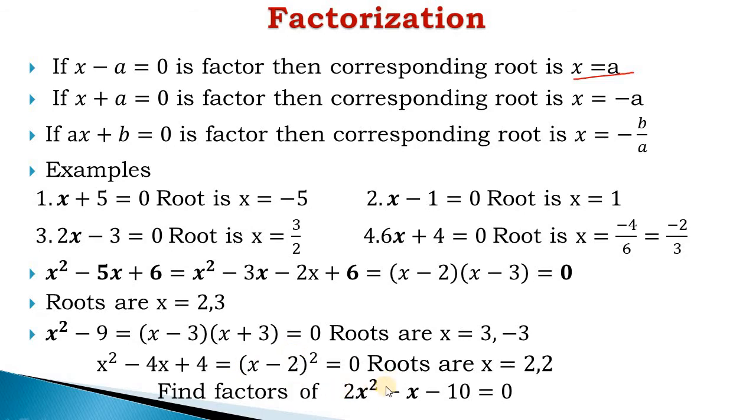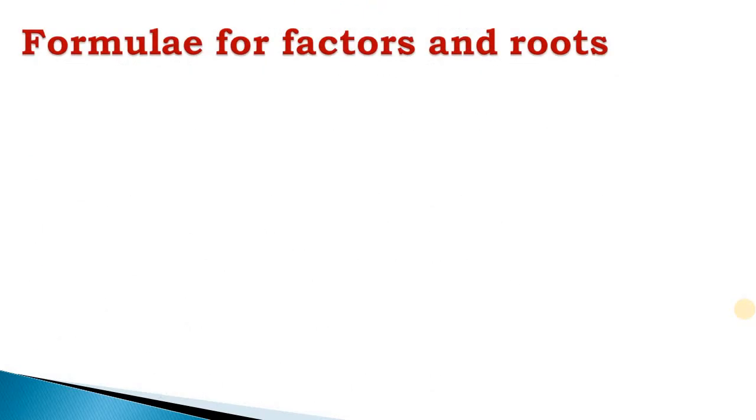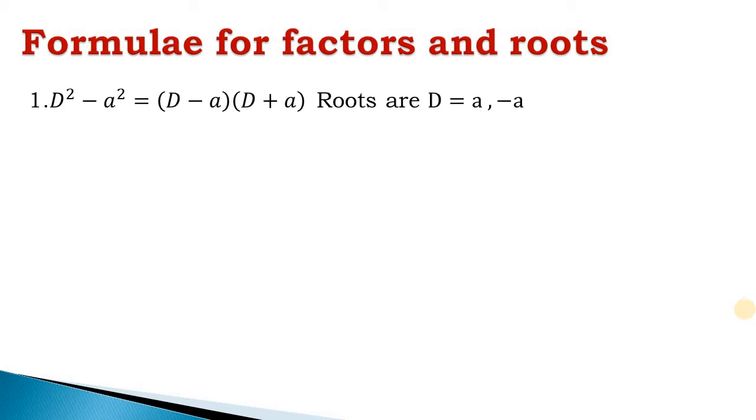But each time it is not easy to find the factors of such a polynomial. At that time we use standard results. Now next we see some formulas and their roots. We already saw these in school algebra, but let us just revise.